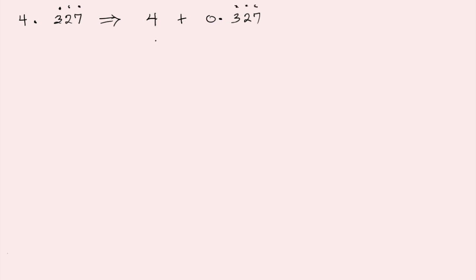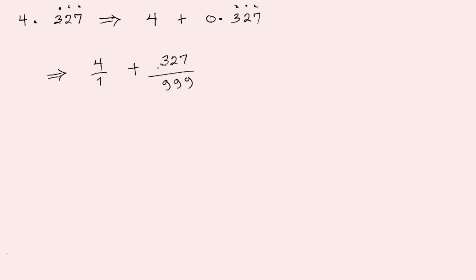So we know that this is 4 over 1. It doesn't make any difference if you divide something by 1, so that's still 4. And there are 3 decimal places repeating here, so we have 327 over 999.